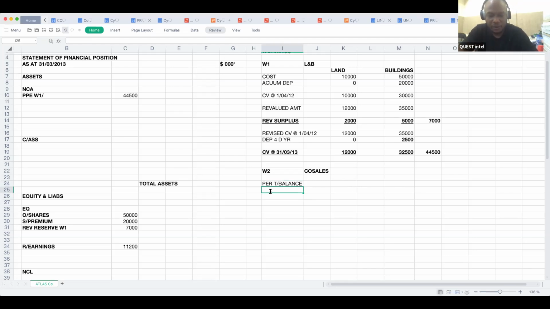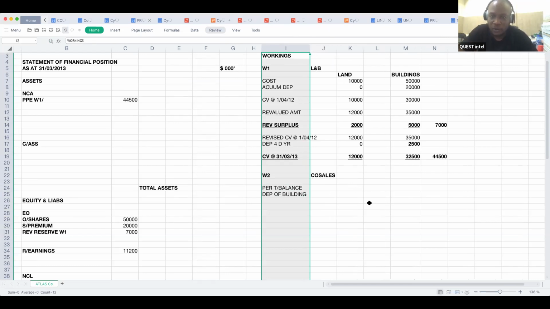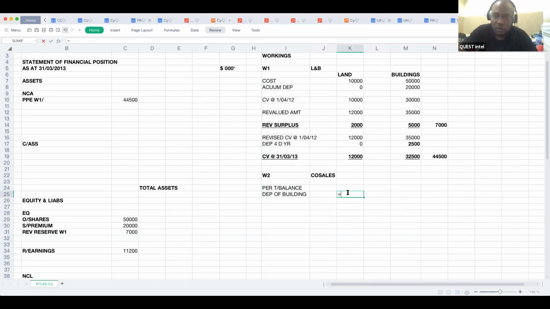Then I have depreciation of building. That's why I had to open this immediately because I know that I have that information to work with. So I just come and put depreciation of building. I put it anywhere. So I just put it here and it's equal to that depreciation.